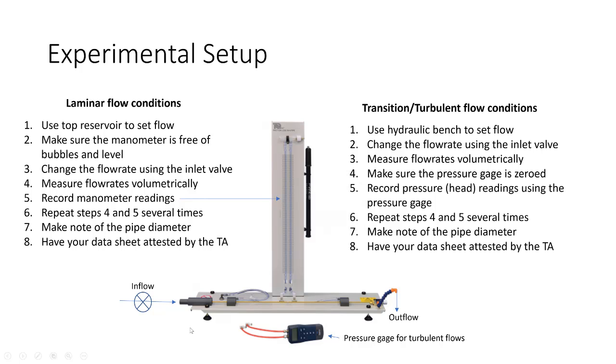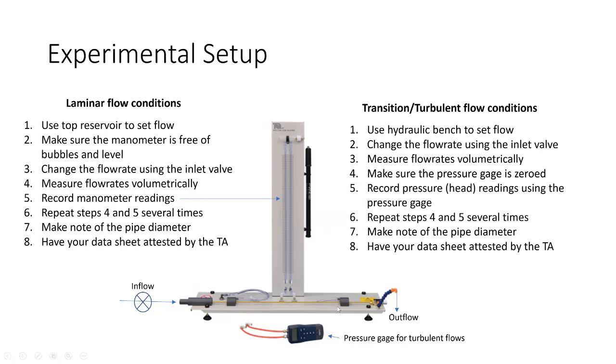Our apparatus essentially has an inflow which is regulated, and as the water comes in, the water moves through a pipe. Remember, we have made that pipe really small because we want to be able to measure significant friction losses over a very small distance.